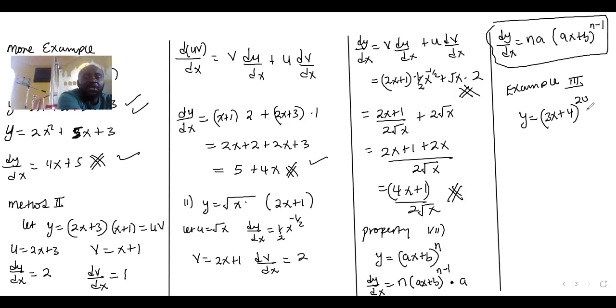So we use this property to differentiate such a function. Now check this out. This is going to become dy/dx. First differentiate the power, 20 comes forward. 3x plus 4, 20 reduced by 1, you get 19. Times the derivative of the term inside, which is 3. So the answer becomes 60 (3x plus 4) power 19.